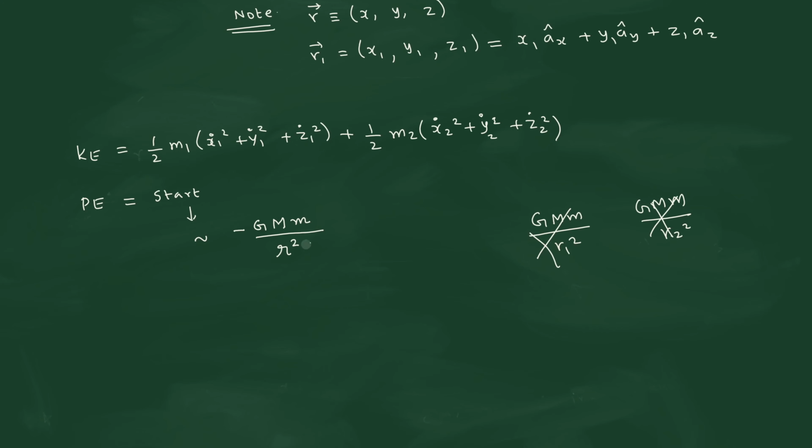So how is this exactly going to look in our problem? We have the mass of the first object, the mass of the second object, divided by the script r. Just now we have found out what the script r is, and that is actually r2 minus r1. That's what we are going to write, taking the modulus of the vector.